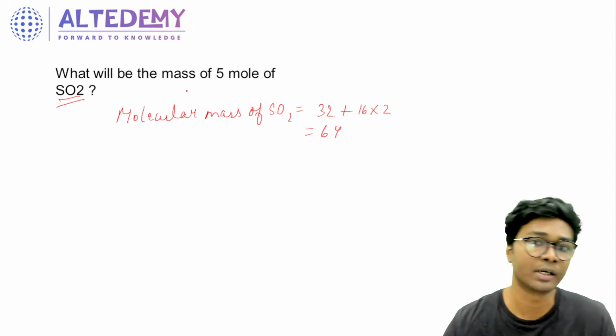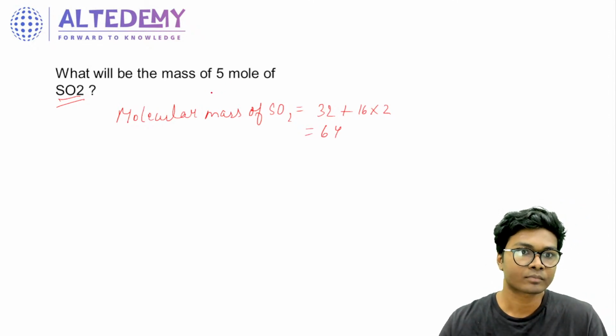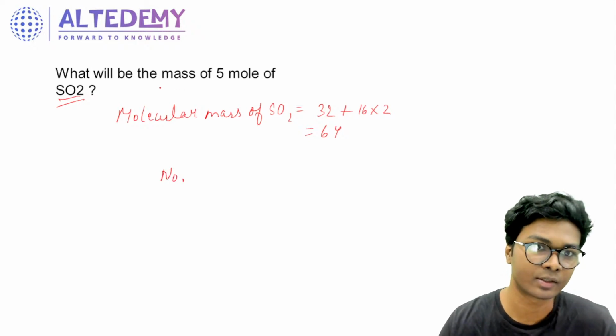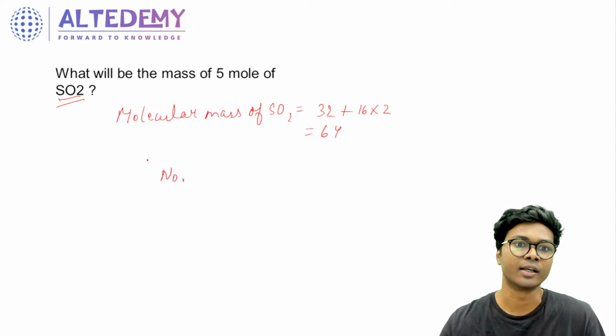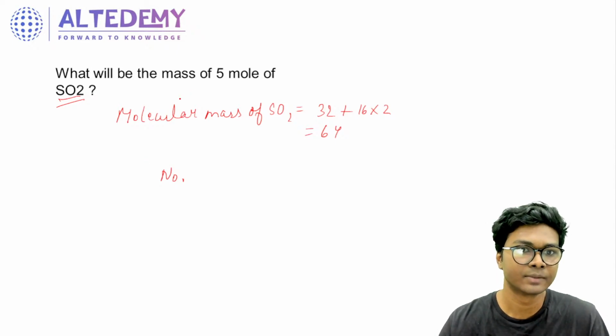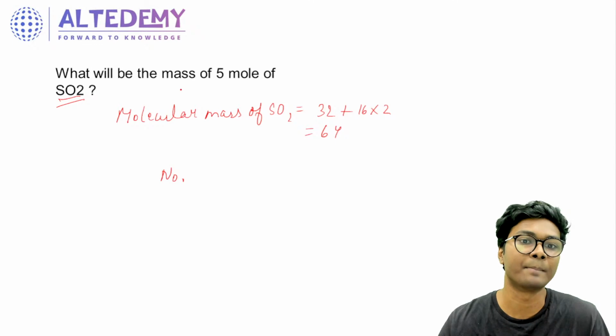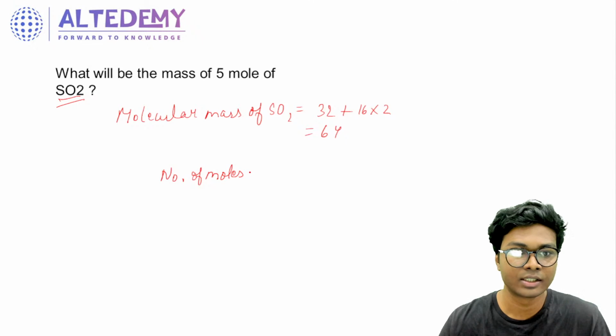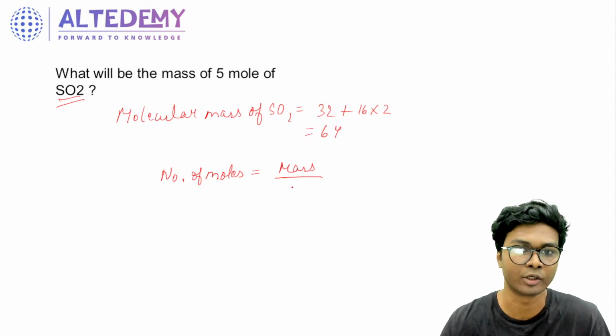What is the mass of 5 moles? So we know that the question is a little bit twisted. We have learned the formula of number of moles when the mass is given. Now we are being asked the mass when the number of moles is given. So naturally we'll put the same values in the formula. So number of moles equals given mass divided by molecular mass. We'll have to find this mass, and we know the molecular mass is 64, and we know the number of moles is 5.